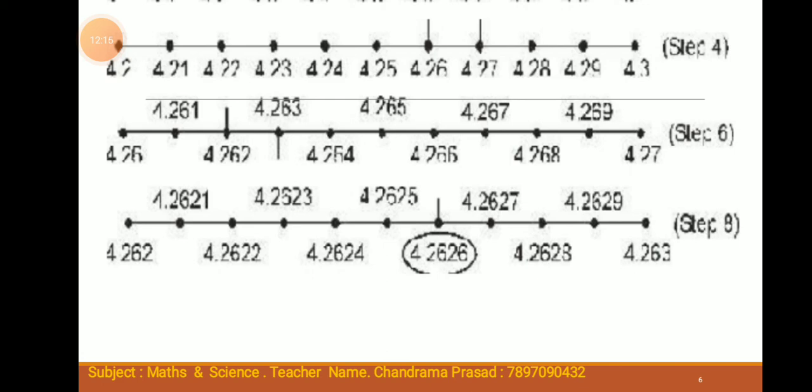Since the given number up to 4 places of decimal is 4.2626, therefore it is the sixth part on this number line, which is represented by 4.2626. This is the answer.